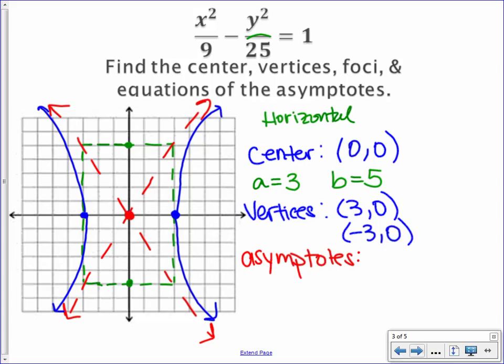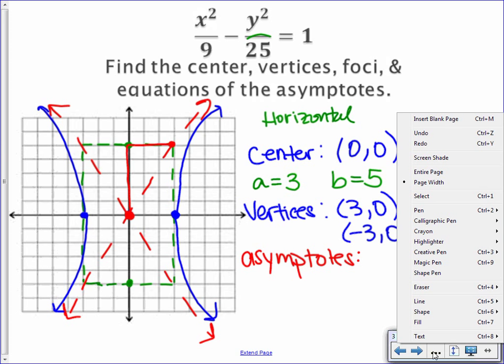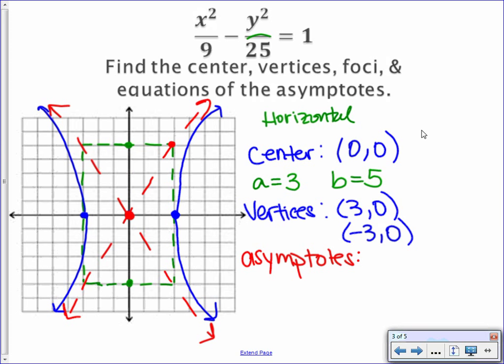If we look at our slope, from our center to the diagonal, we go up 5 and over 3. So our slope is 5/3. We can say y minus y coordinate equals slope times x minus x coordinate.